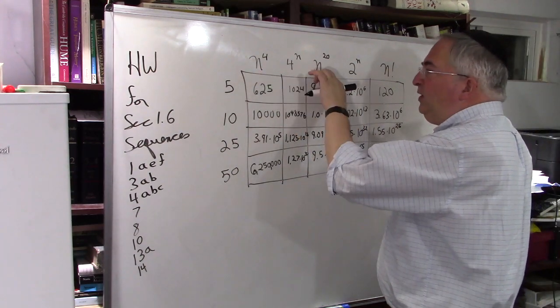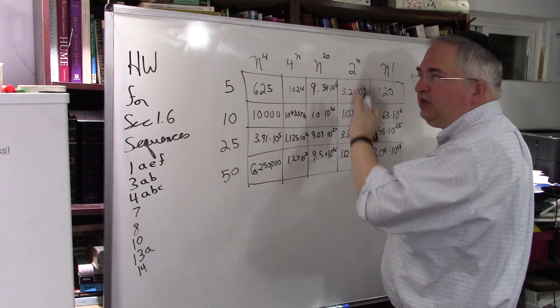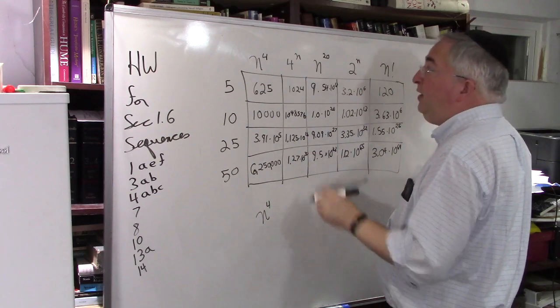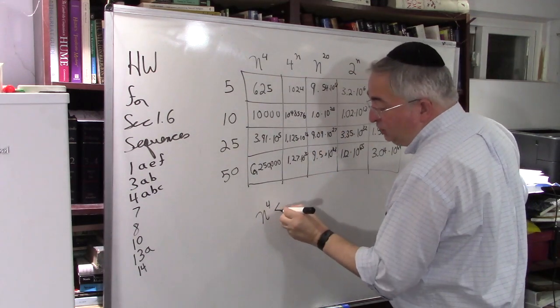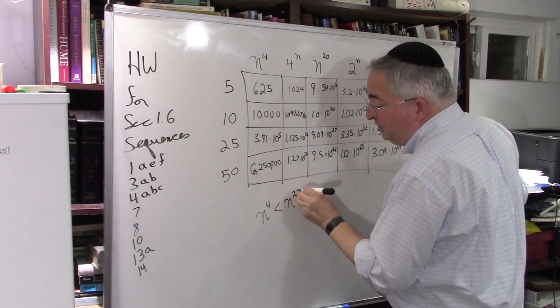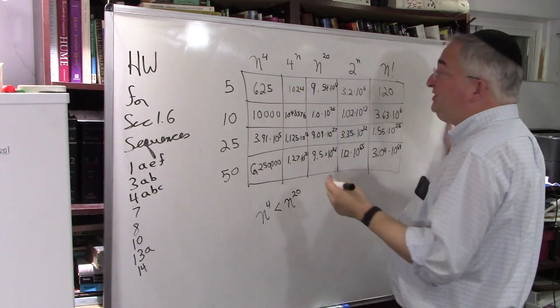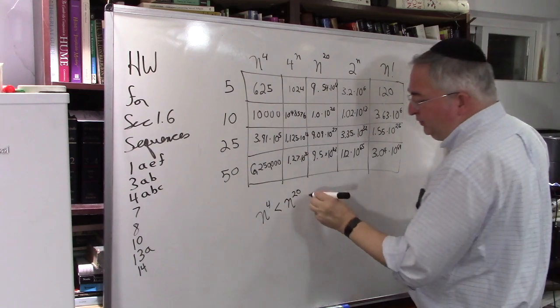Polynomials, this is a polynomial, this is a polynomial. Polynomials are the smaller things. So n to the 4th is smaller, and n to the 20th is a little bit larger than that. Okay, but the next highest thing is exponentials.